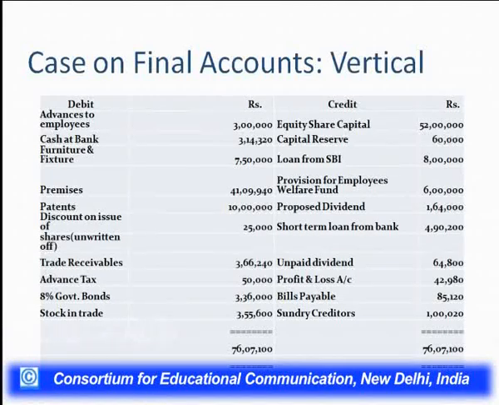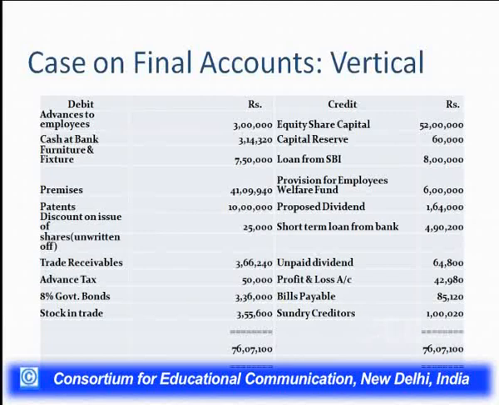52 lakhs, capital reserve 60,000. Then we have loan from State Bank of India 8 lakhs, provisions for employees welfare fund 6 lakhs is given, proposed dividend is given 1,64,000, short term loan from bank is given 4,90,200, unpaid dividend.